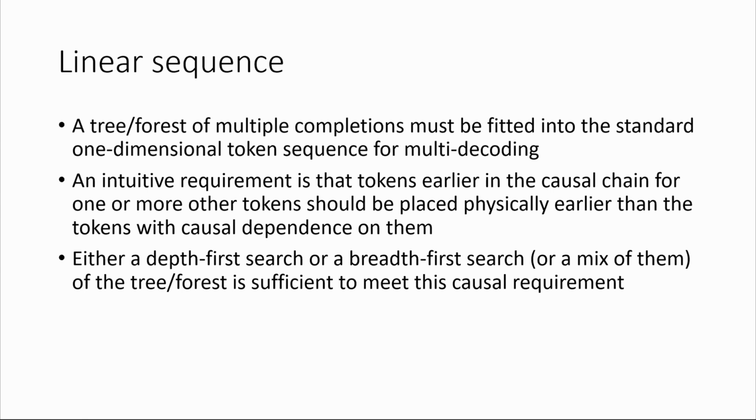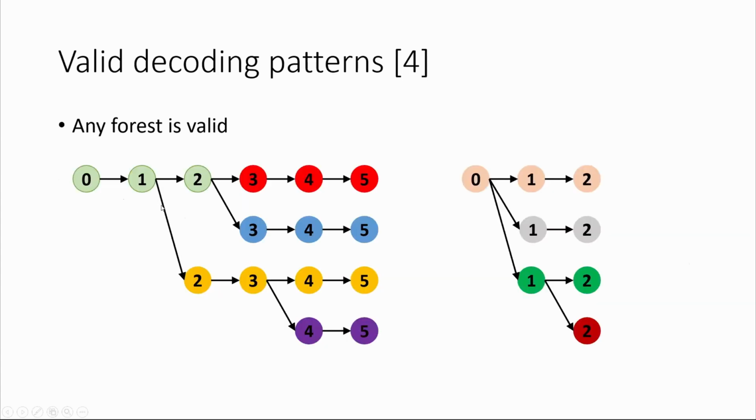That just makes it mind-numbingly hard to read the tokens out and see if the mask is accurate. So you can do a depth-first search, okay? And so here I could just say, I'm going to literally place the tokens in my array as green 0, green 1, green 2, red 3, red 4, red 5, blue 3, blue 4, blue 5, yellow, and do a depth first search.